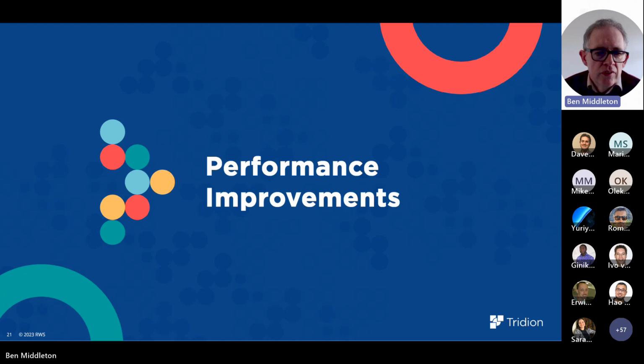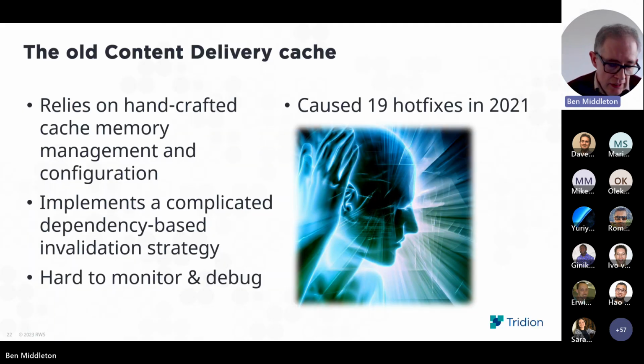So performance improvements. DXD 12 had a number of technology updates that we applied to the platform, but chief amongst them was our cache layer. So we did have a cache in the product. It had been in the product for a while.